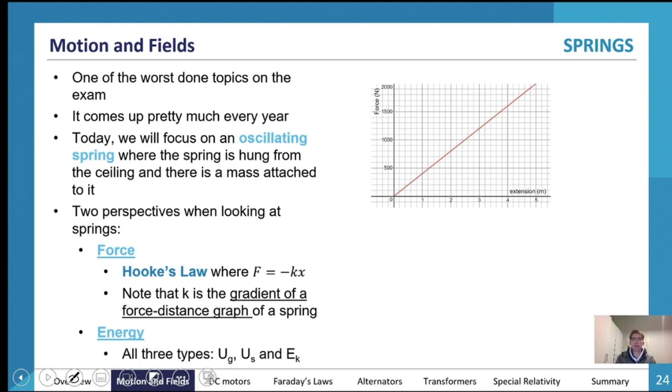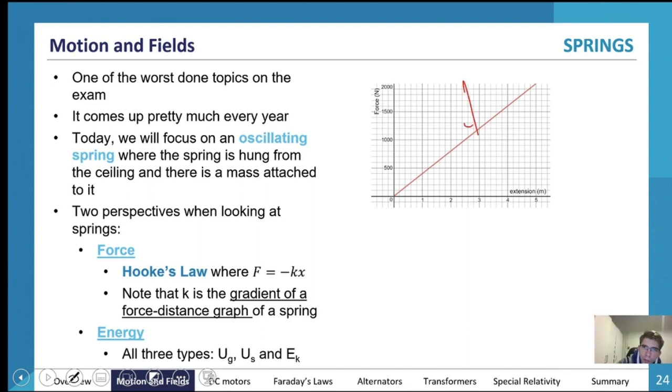There are two perspectives that you can take when looking at springs. The first one is looking at Hooke's law, where force is equal to negative k multiplied by delta x. Note that k is the gradient of a force distance graph of a spring.